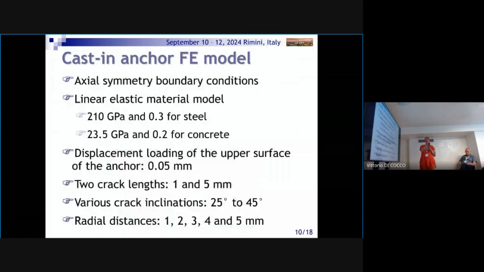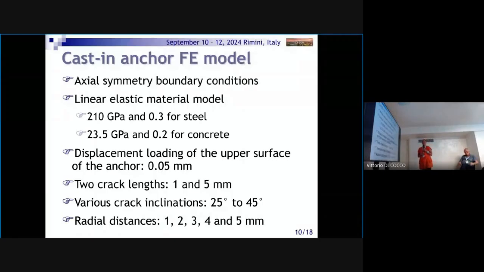Okay, here is again some more information about the finite element model. As I said, we use axial symmetry boundary conditions. At the beginning, we start with linear elastic material models for both materials.